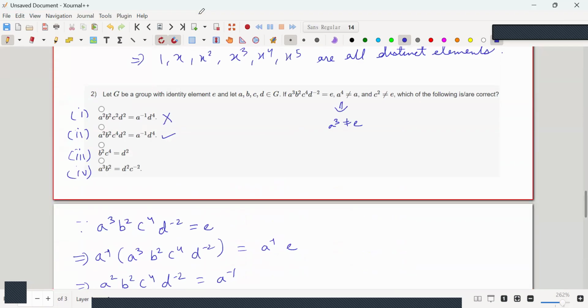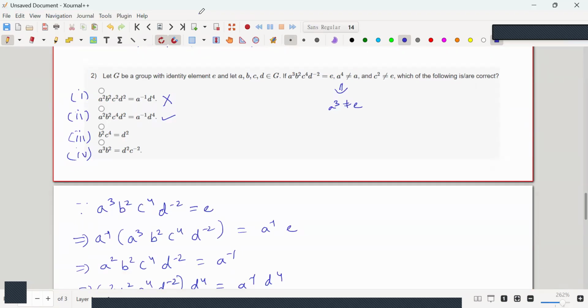Now, what about the third one? So we have B square C4 is equal to D square.